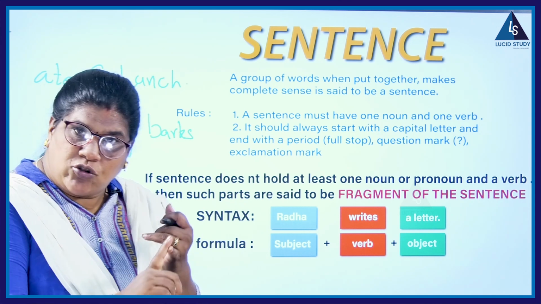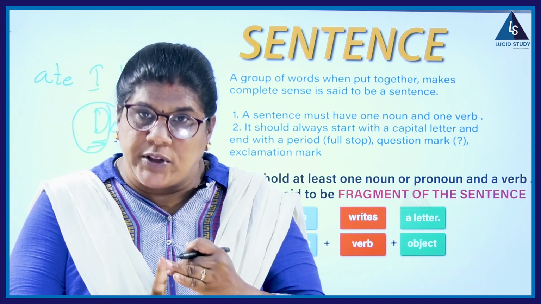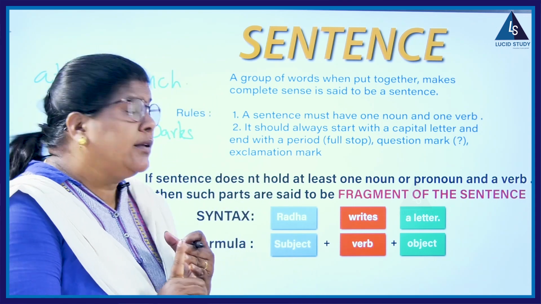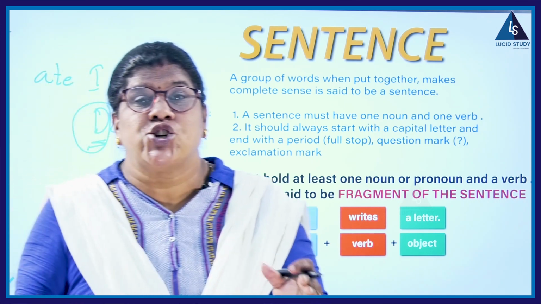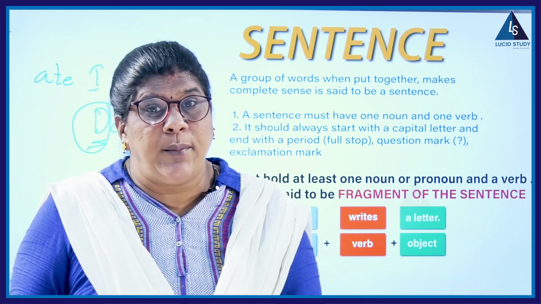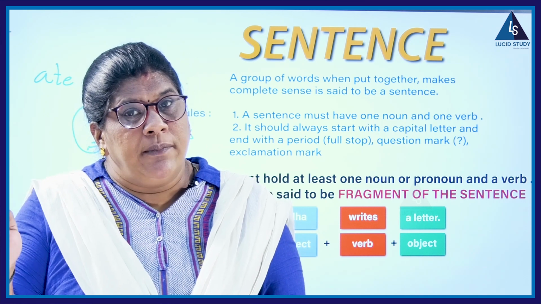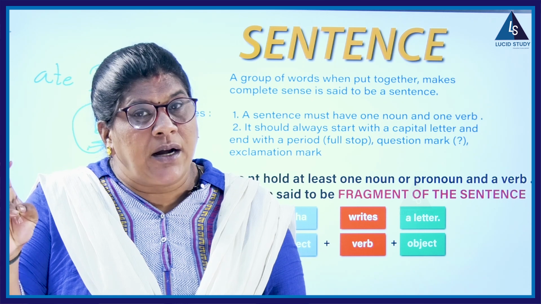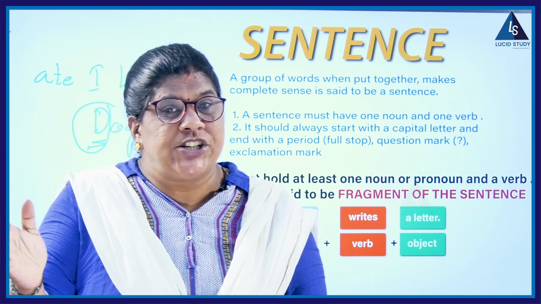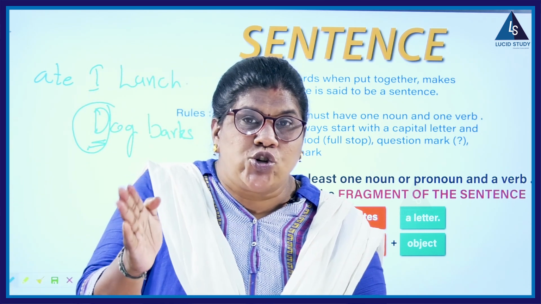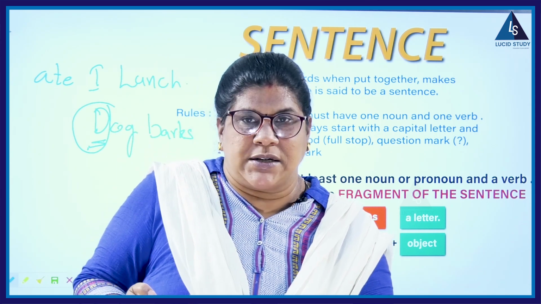Either it should end with a period, or with a question mark, or with an exclamation mark. What are the three marks I am mentioning here? Either period, question mark or exclamation mark. Your sentence should end with these three marks.